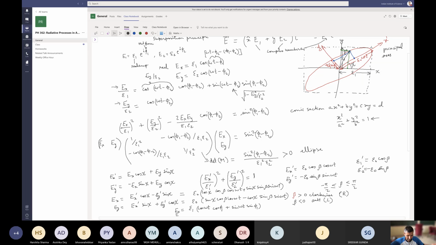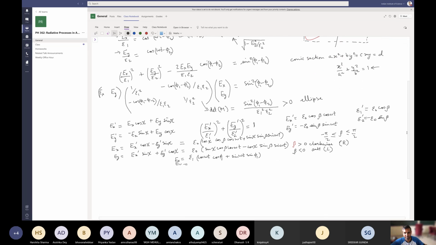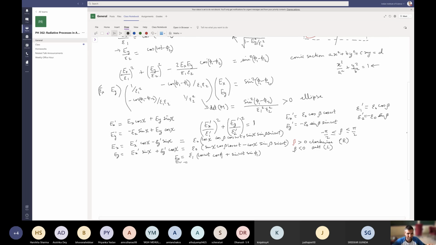Similarly, Ey is equal to, let me create a little more space. This is a little tedious mathematics, simple but tedious, so I would recommend that you work it out yourself.